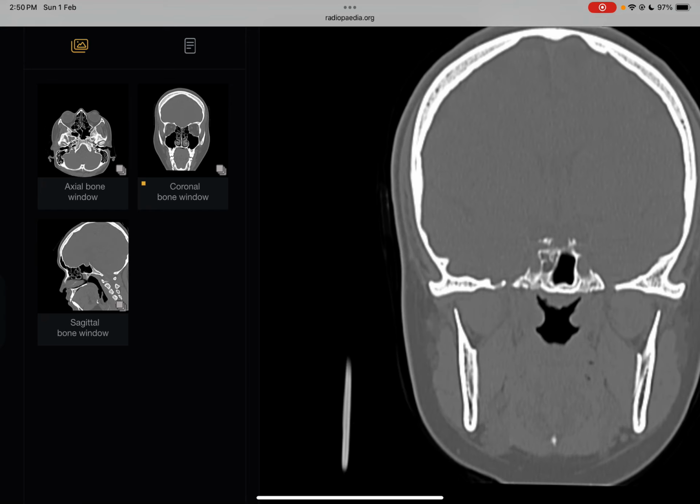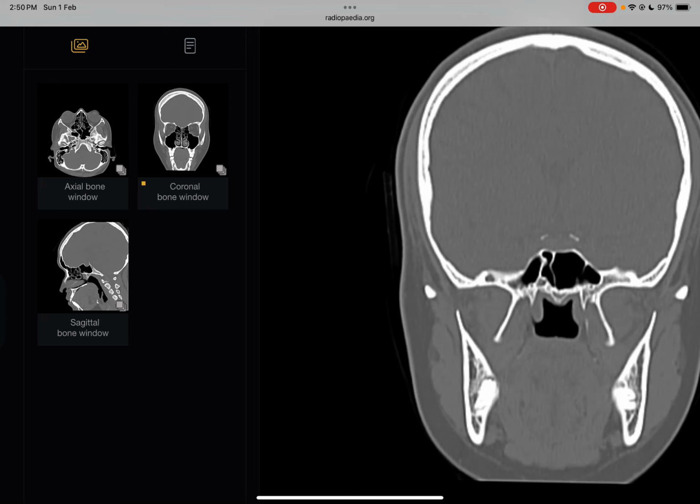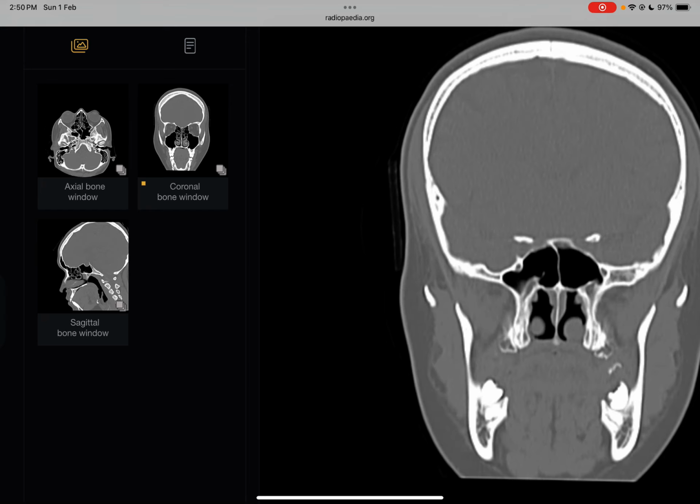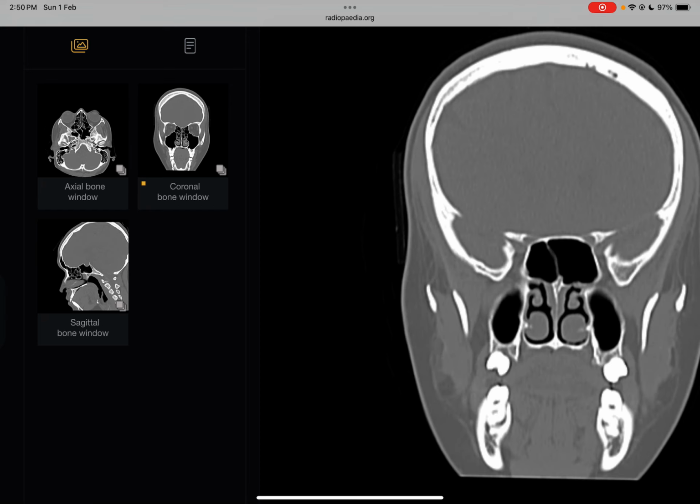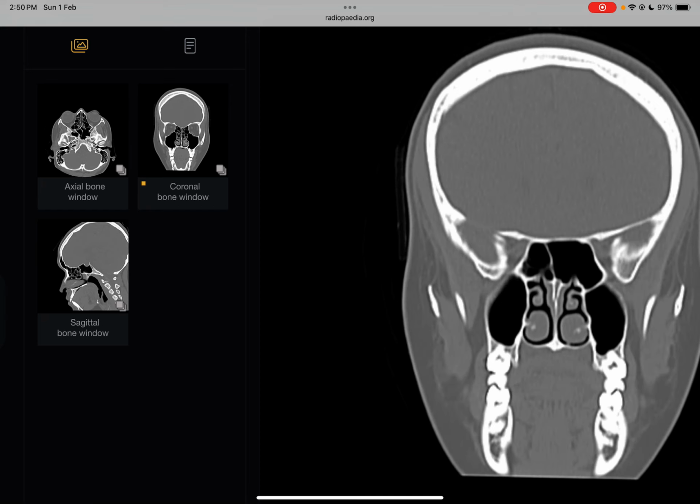As we see the first sinus over here, the black one, this is the frontal sinus. As we scroll, we can see a frontal sinus septa, and we keep on scrolling. Now we can see a small cell bulging into the frontal sinus just near the septa.